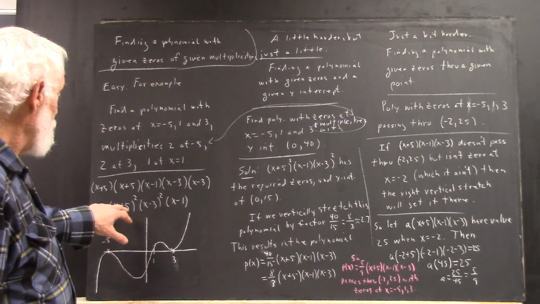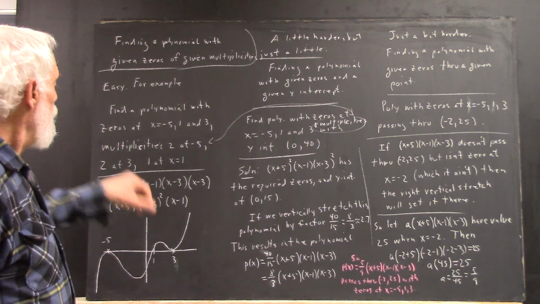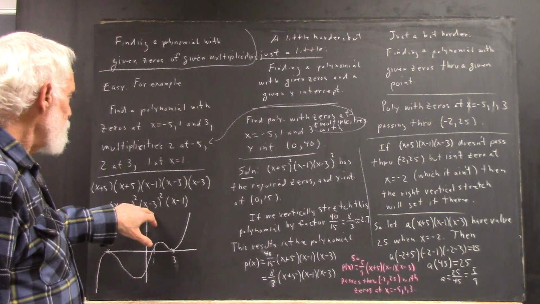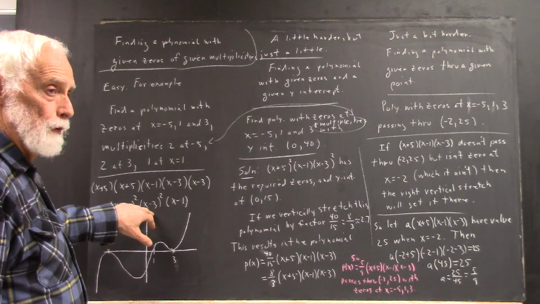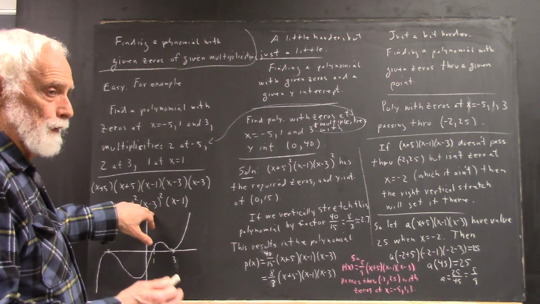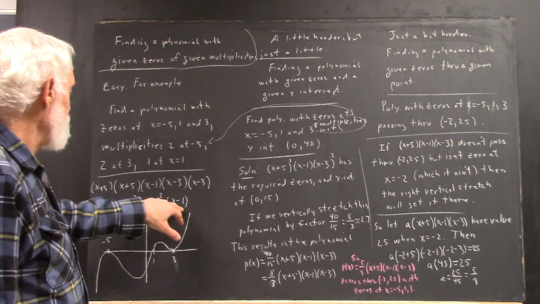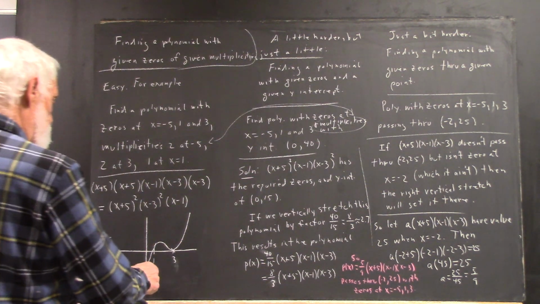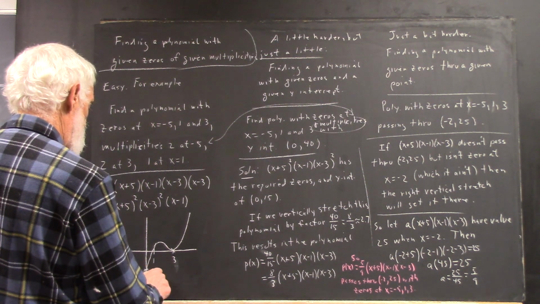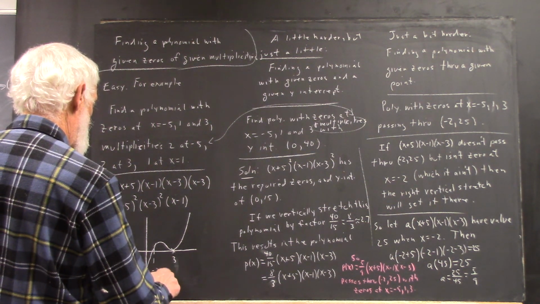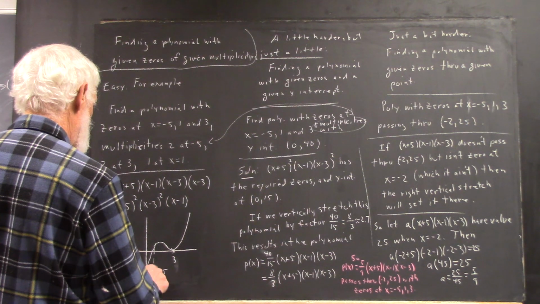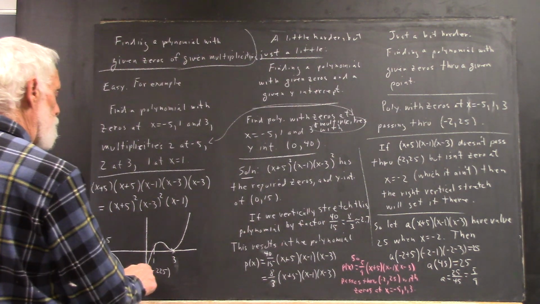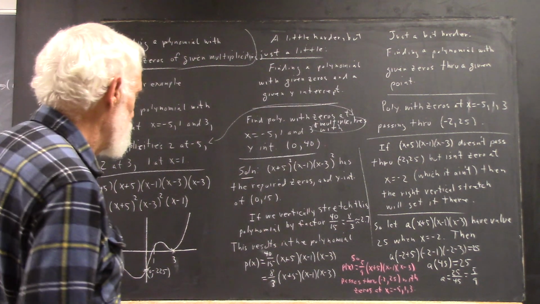Okay, well, x is 0, we have 5 squared, which is 25, negative 3 squared, which is 9, 25 times 9 is 225, and times negative 1, which gives us negative 225. So here is 0, negative 225. There's the y-intercept.